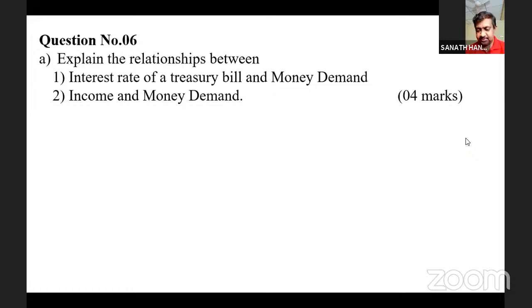They expect that the interest rate will be high in future.